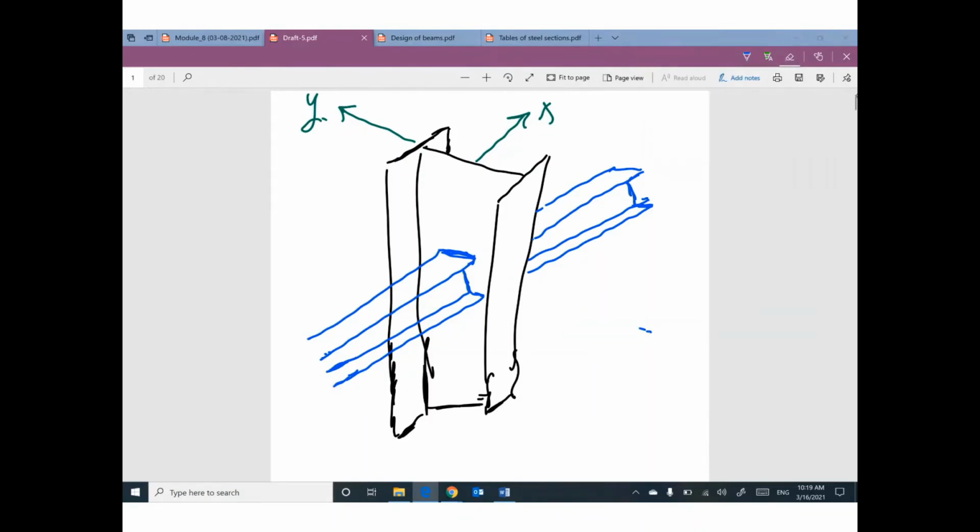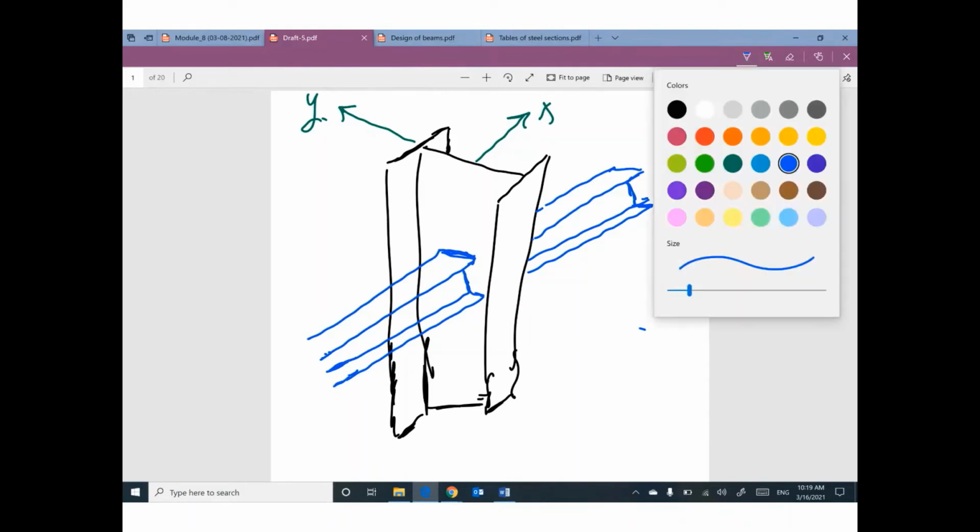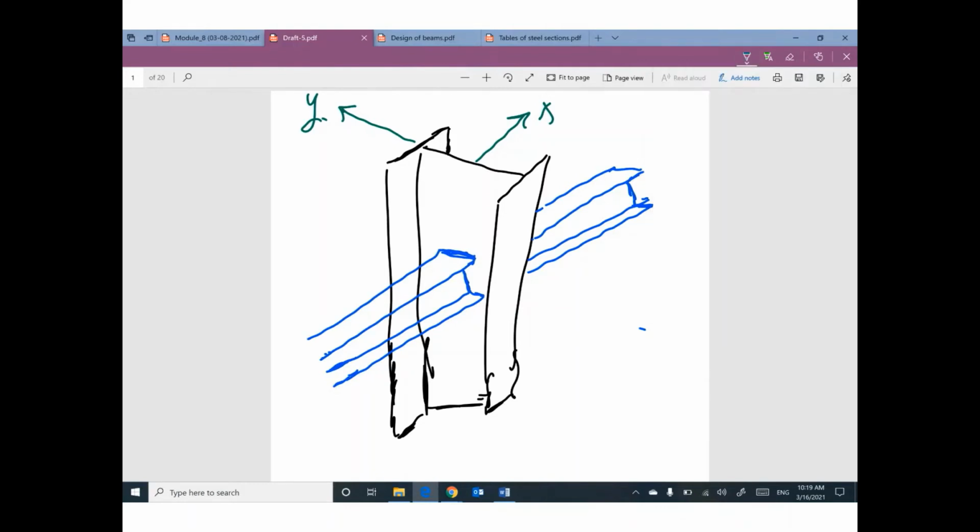So the situation right now, if this column would like to buckle, it will buckle like this, because this point is supported by this longitudinal beam and this longitudinal beam.